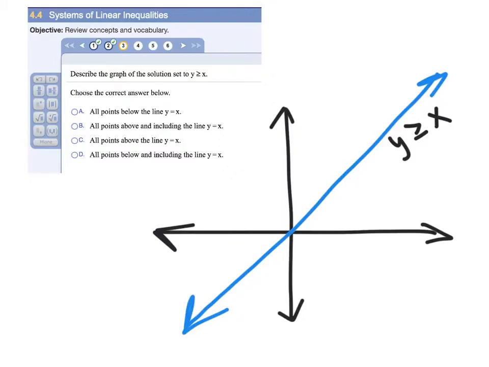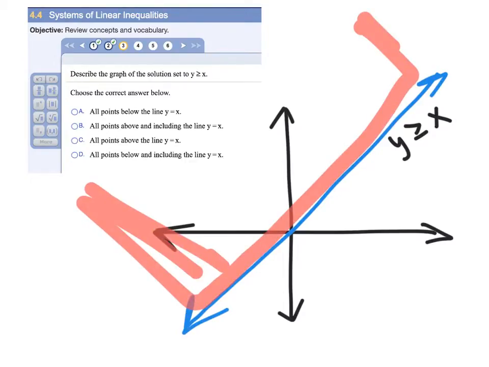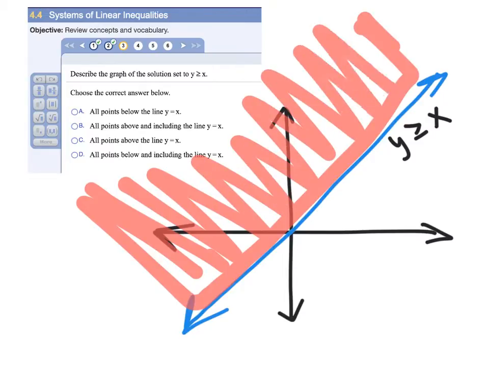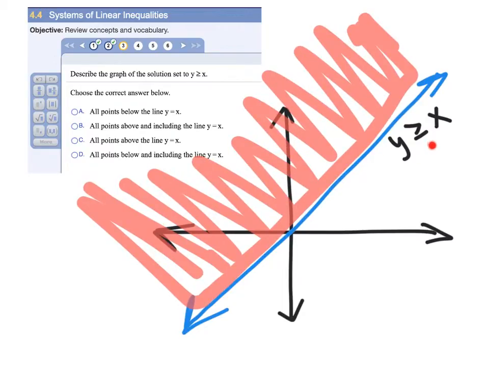And now we have to decide which side we are going to shade in, above the line or below the line. Because it says y is greater than x, the word greater means above. So we're going to shade above the line, and because it says or equal, that means we have to include the line as well because it is allowed to equal.